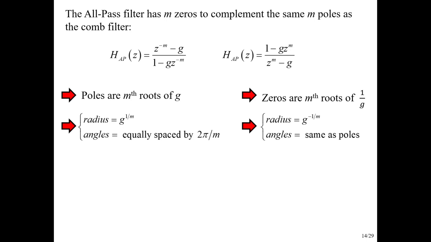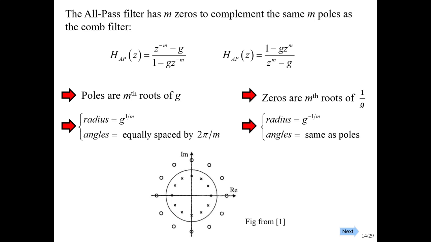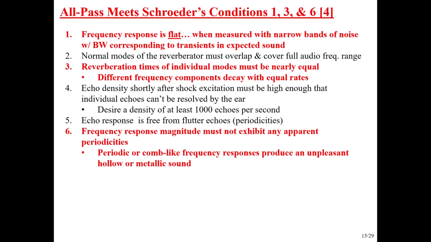We already knew that all pass filters have that relationship. So there's a nice picture. Again, m is artificially small here from what we would need. But you can see that at every angle we've got a pole and a zero, and the distances from the origin are reciprocals of each other. So that's what we expect from an all-pass filter.